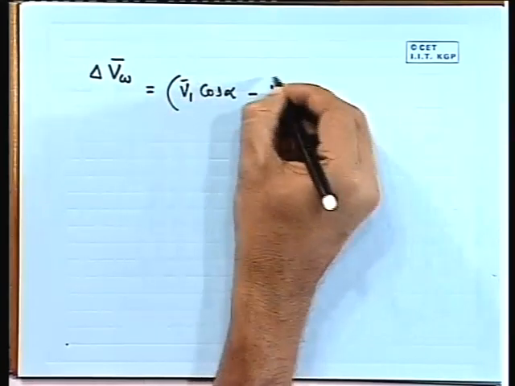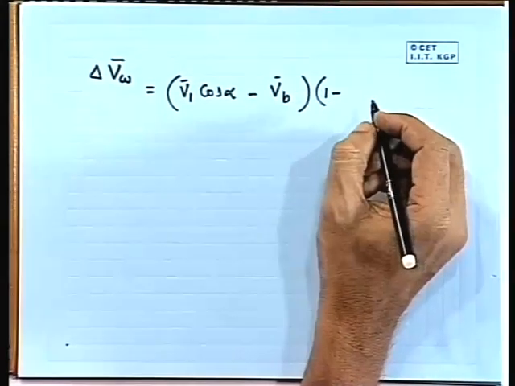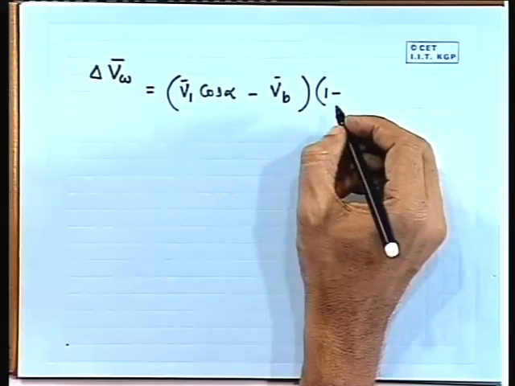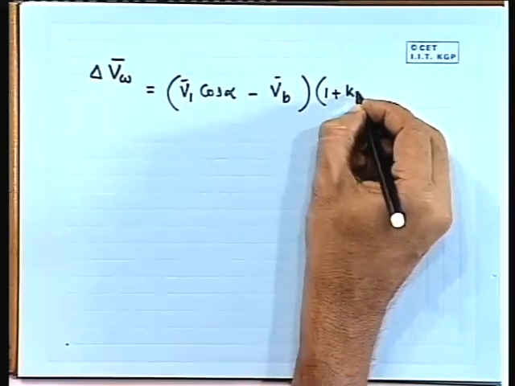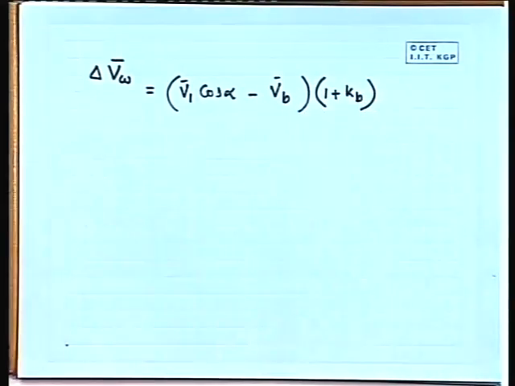So, all are vector quantities, these velocities, into 1 plus Kb. This we can write as 1 plus Kb.